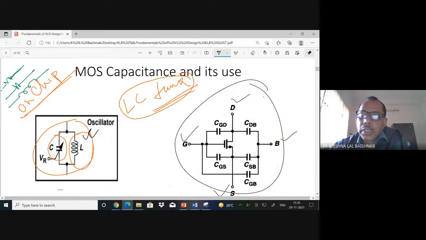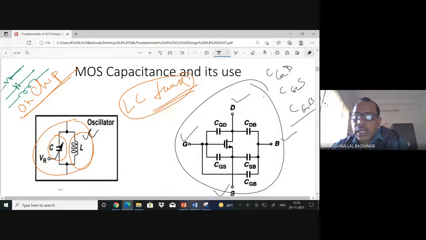What capacitance? If I write CGD, if I write CGS, CGB, these are basically gate capacitances: gate connected, gate to body. I'm not writing B, at least I write GB.